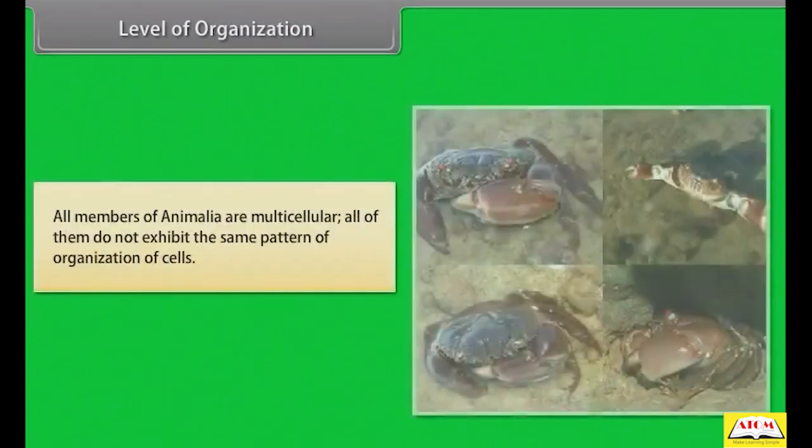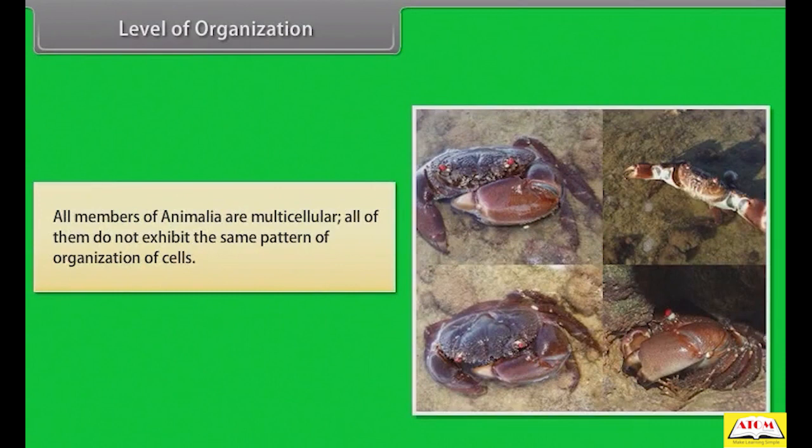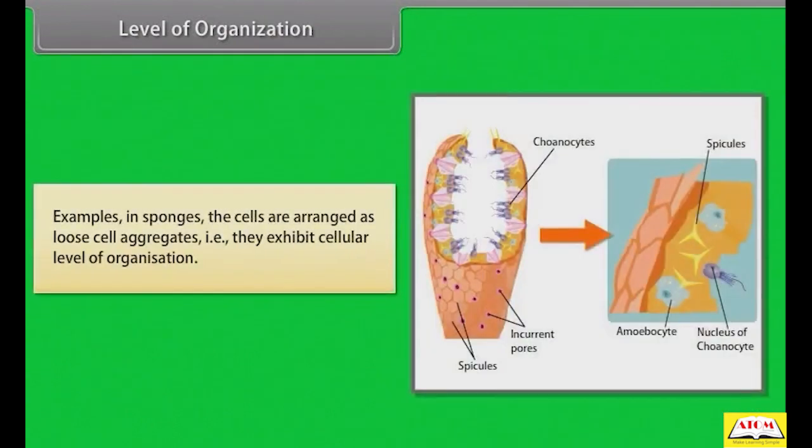Level of organization. All members of Animalia are multicellular. All of them do not exhibit the same pattern of organization of cells. Examples: in sponges, the cells are arranged as loose cell aggregates, that is, they exhibit cellular level of organization.